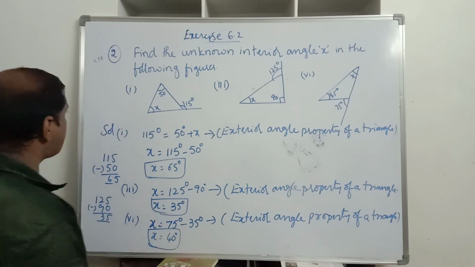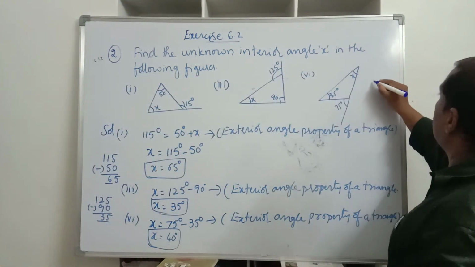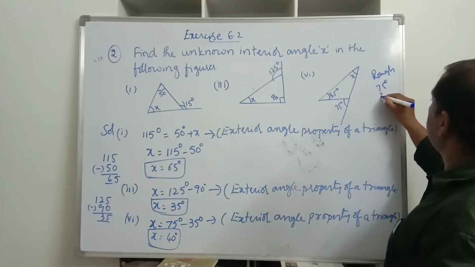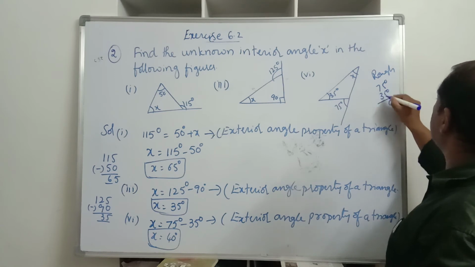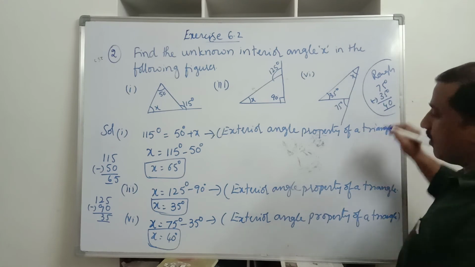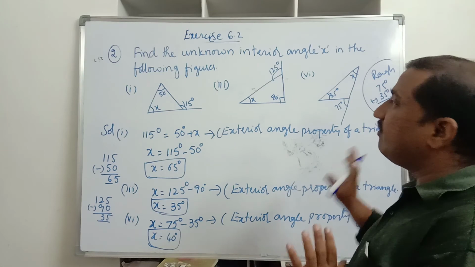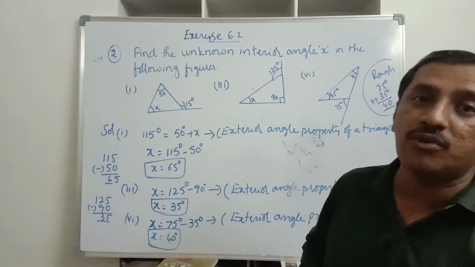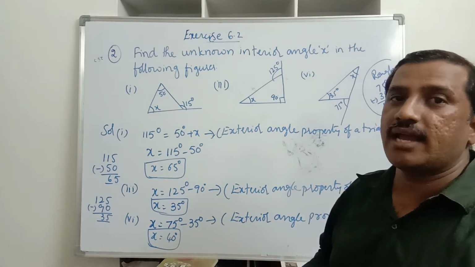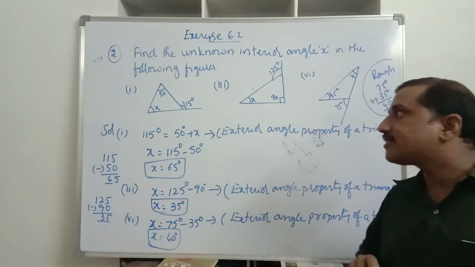Rough work: 75 minus 35, 5 minus 5 is 0, 7 minus 3 is 4, so 40 degrees. Like this, we will find the unknown interior opposite angle by subtracting the known interior opposite angle from the exterior angle. I hope you understand how to find this.